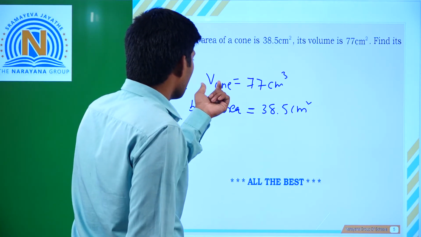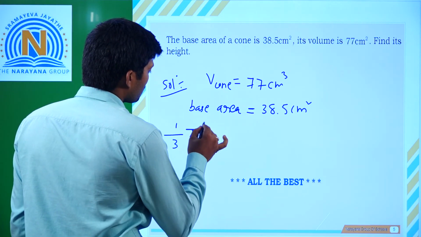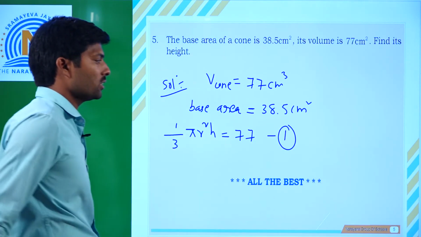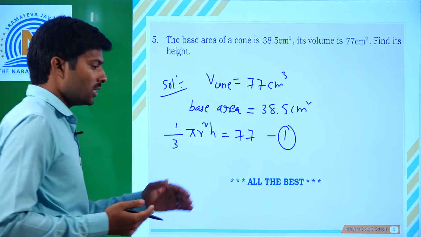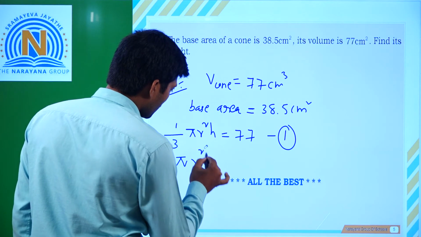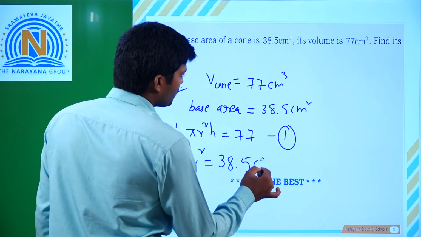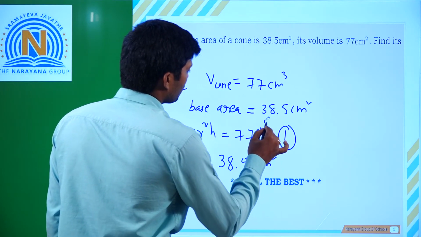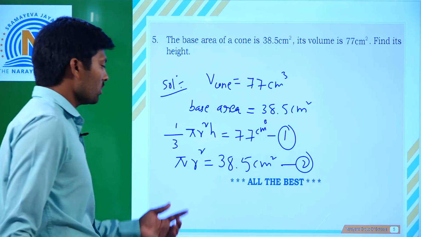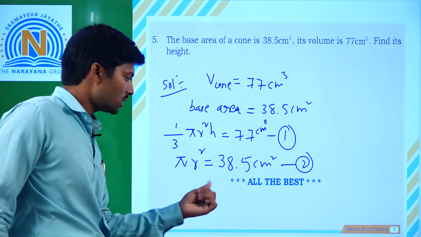So this can be written as, the volume of cone formula is 1 by 3 pi r square h is equal to 77. Let me take this as the first equation. Next, area of the base. What is the base, which is in the form of a circular base? That is pi r square is equal to 38.5 square centimeter. So let me take this as equation number 2. So in order to find the height of the cone, we need to divide the first equation by the second.